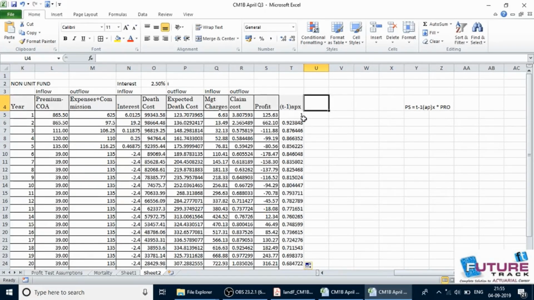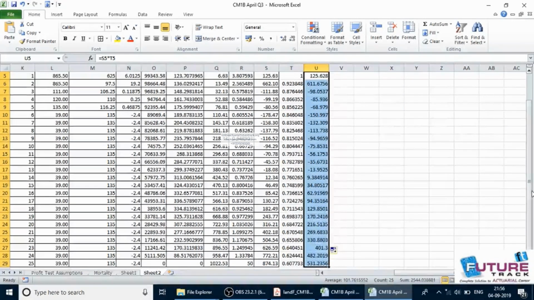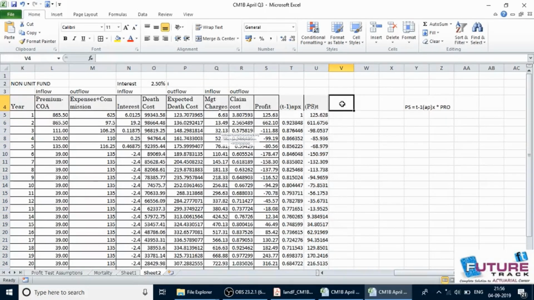So to find profit signature, we have profit into this, we get profit signature, double click this, so we get the profit signatures. Fine. Now we have to find the EPV of premium also. So for EPV of premium, we need a discounting factor.